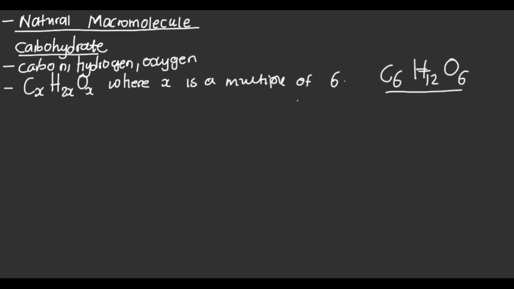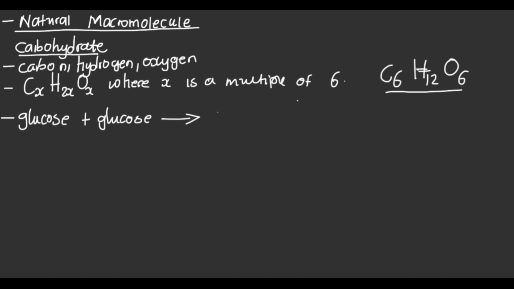Now, the other thing that we are going to look at is what are the monomers that are used during the formation of carbohydrates. So we need to have monomers such as glucose. Let's just use 2 molecules, which is 2 monomers of glucose.